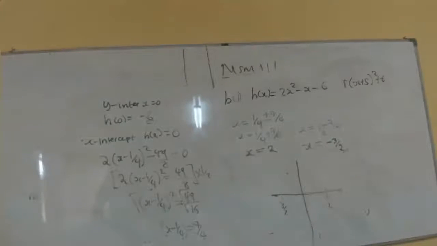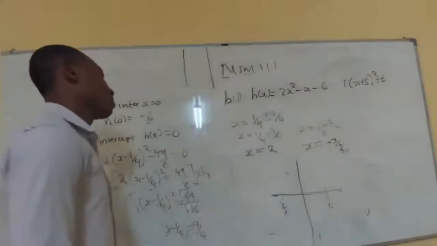From the looks of things, h(x) is equal to 2x squared, so the coefficient of x squared is positive 2. Since it's positive 2, it tells us that that's a minimum turning point, right? So basically speaking, we have a minimum turning point.